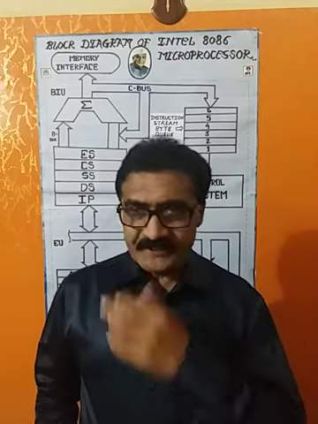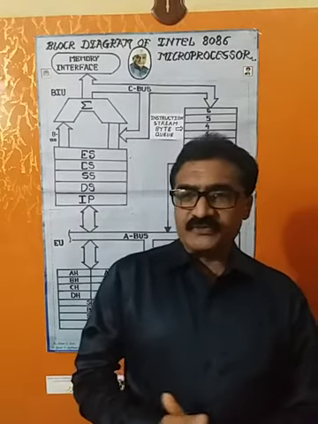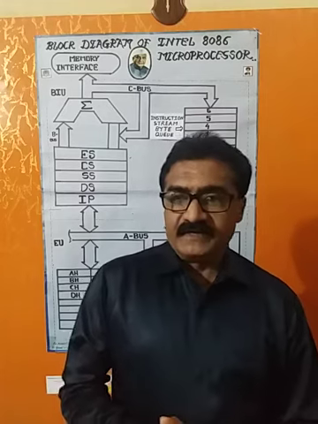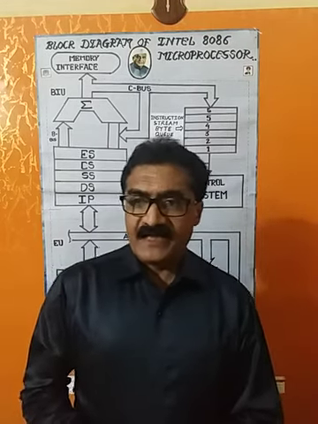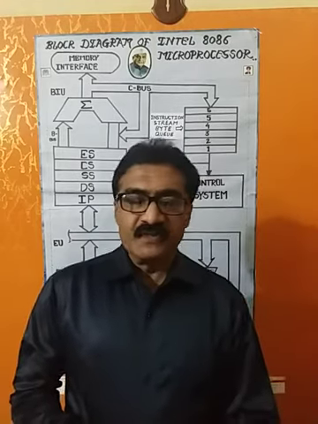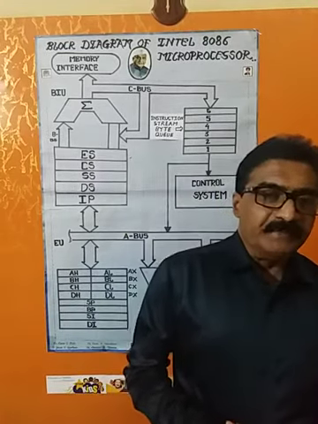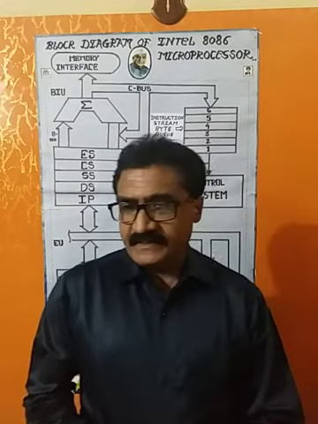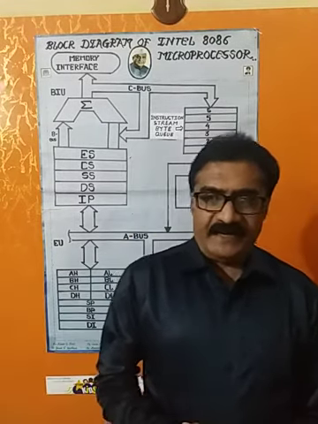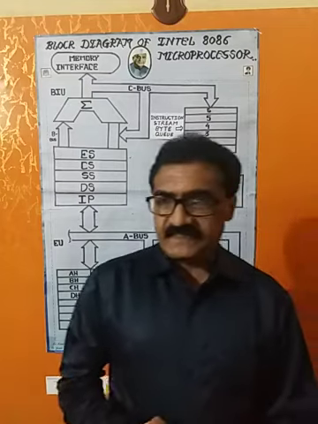It is a 16-bit microprocessor that uses N-channel HMOS technology, that is the high-speed MOS technology. It is available in a 40-pin dual inline package, that is the DIP package, and operates at a plus 5 volt DC supply.